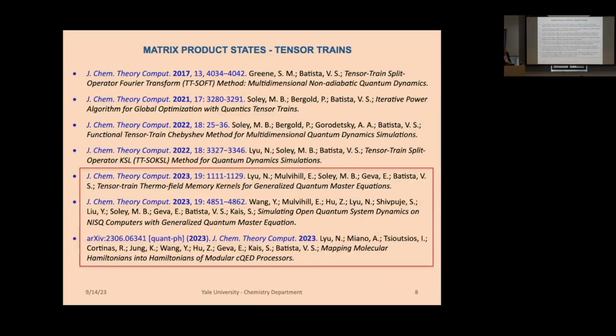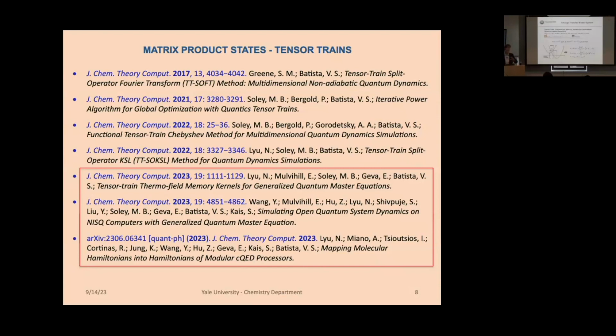So we had developed these methods for multidimensional non-adiabatic quantum dynamics and global optimization, and we thought these techniques of propagating a wave function could be extended to simulating density matrices and therefore open quantum systems. And the work I'm going to be talking about today is mostly these two papers, and I will just mention at the end the work that concerns the third paper.